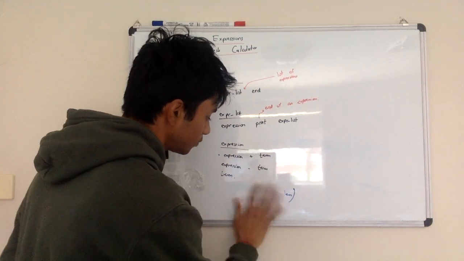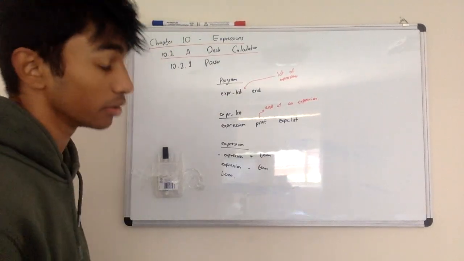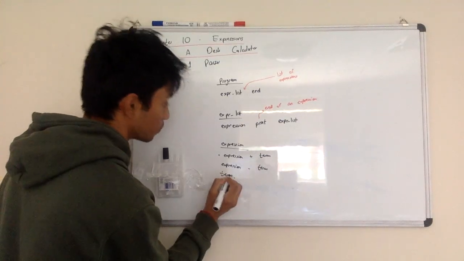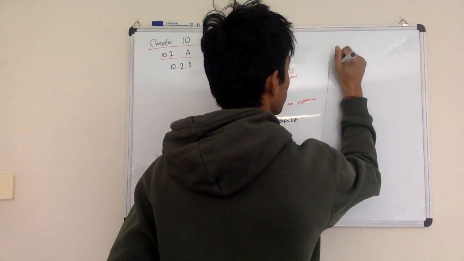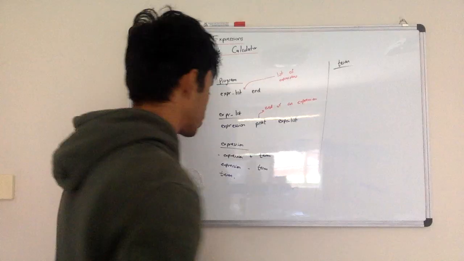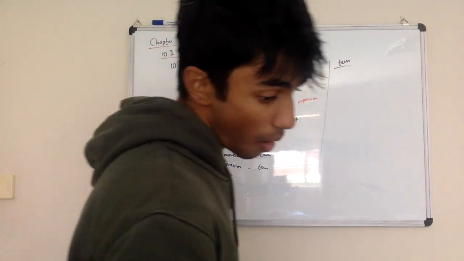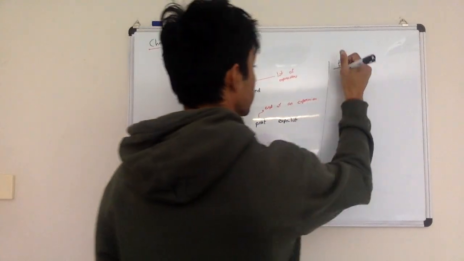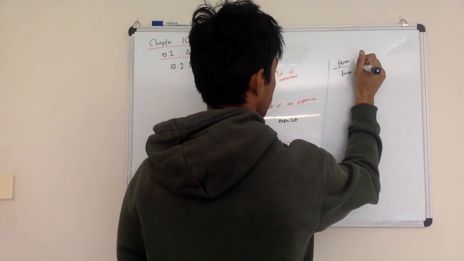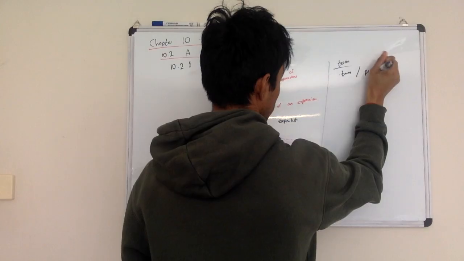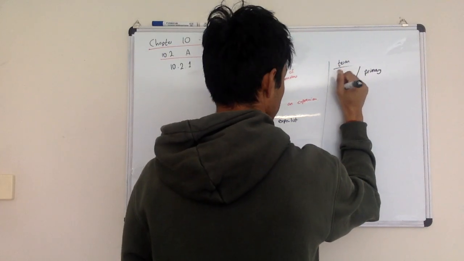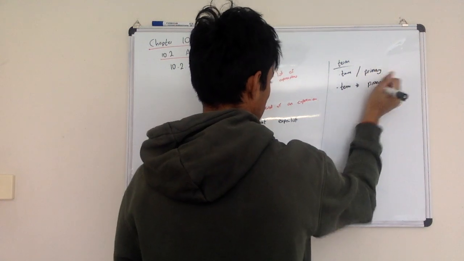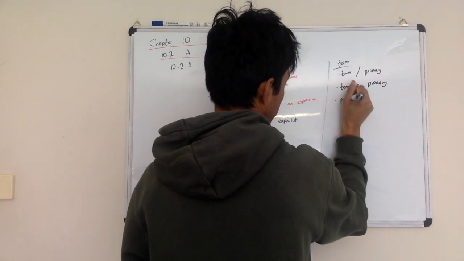But then, like I said, we've introduced the construct of a term, but now we have to define what a term is. So what is a term? It has a very similar definition to expressions, but we now introduce the word primary. So a term can either be a term divided by a primary, a term times a primary, so asterisk or times, or a term can be a primary itself.